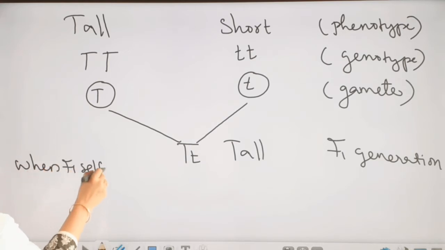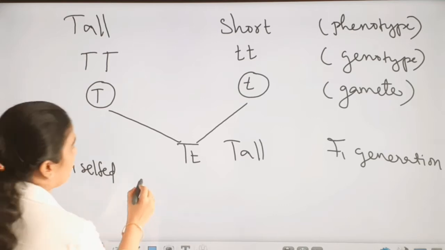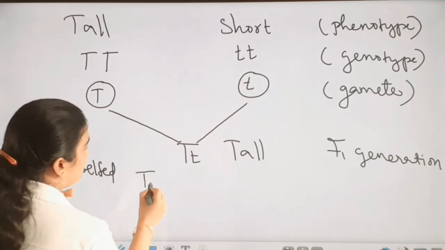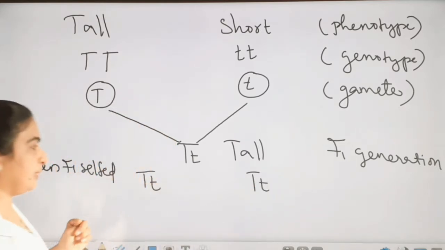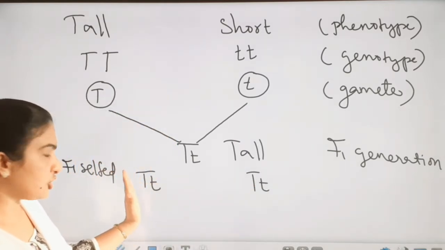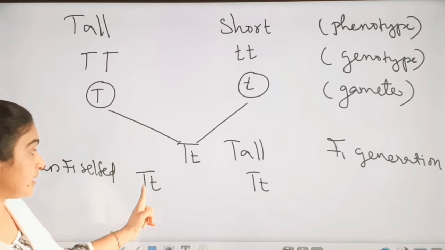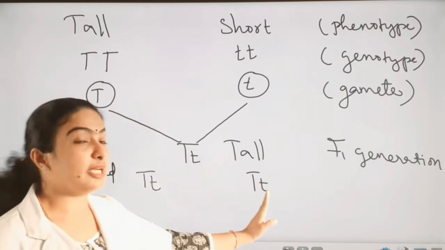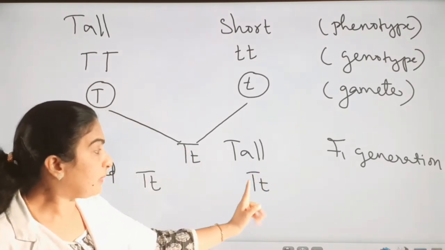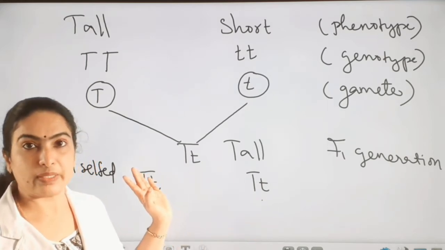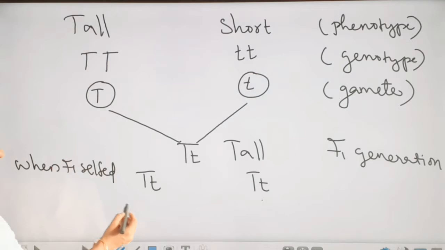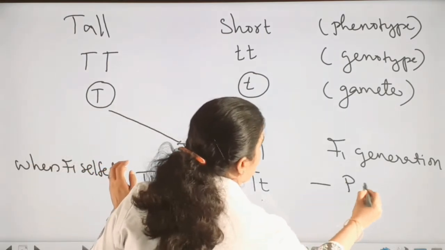So now he did self-pollination of the F1 generation, that means take the same male and same female. That means one tall plant with the genotype capital T, small t, and one female tall plant with the genotype capital T, small t. Okay, so this is the parent or P generation.